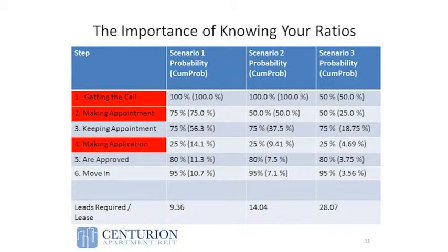And so we can start focusing on what aspects of your business you need to focus in on to maximize the number of leases that you're going to write. So let's take 2 scenarios. The first scenario is the one I went through before, which is kind of an idealized situation. Well, let's go to scenario 2. Assume you still get the call, and your probability of an appointment goes down, let's say, from 75 to 50%.